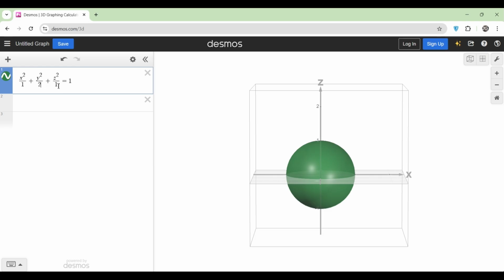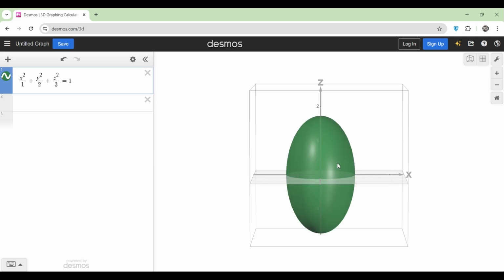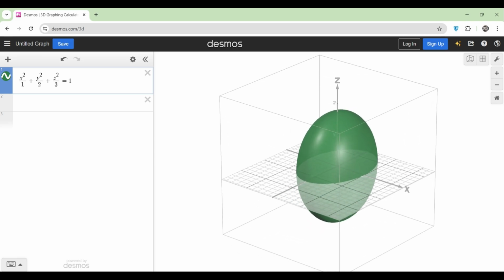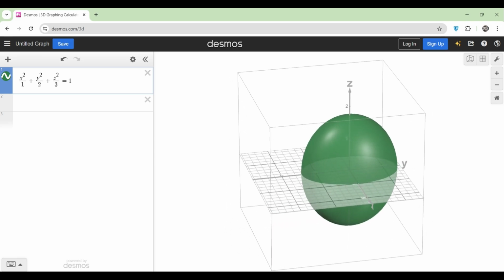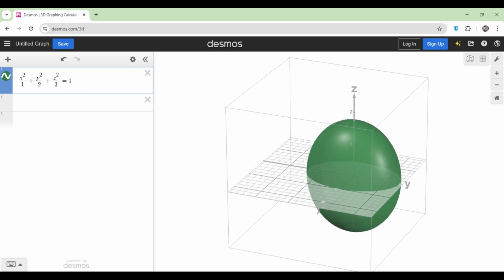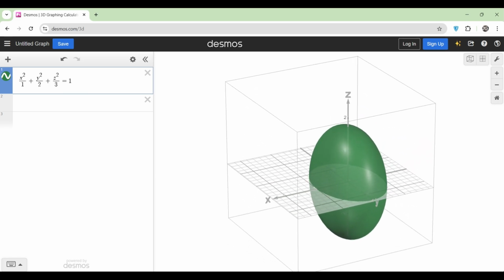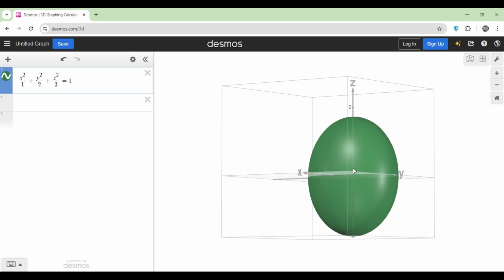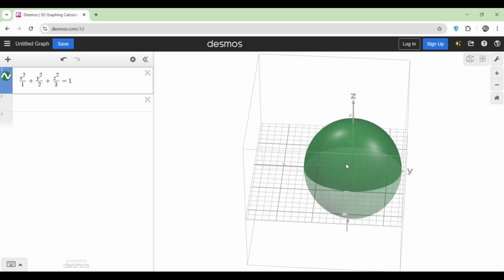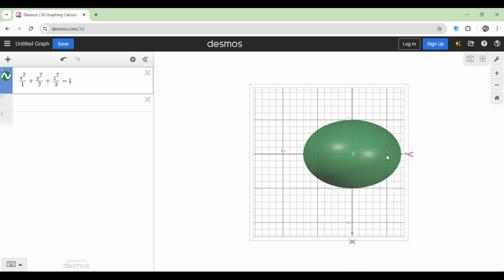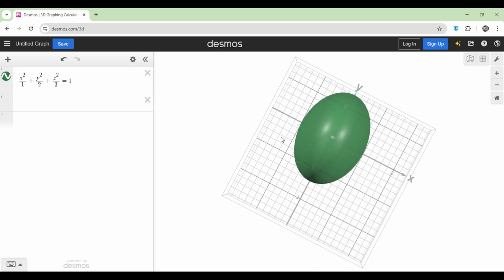So how do we analyze these and draw them? I'm not going to be drawing them, but we're going to be using something called traces. Traces is when you analyze the 3D object by just two axes.